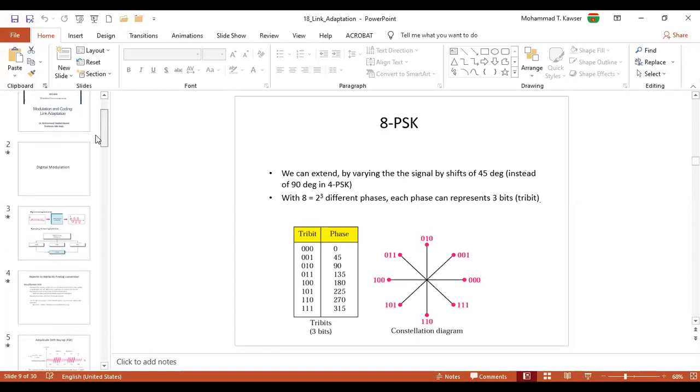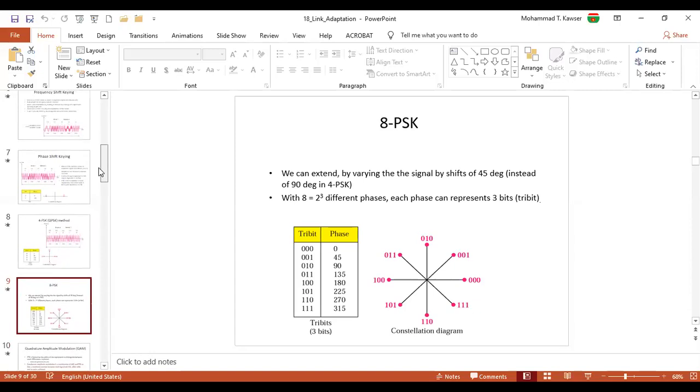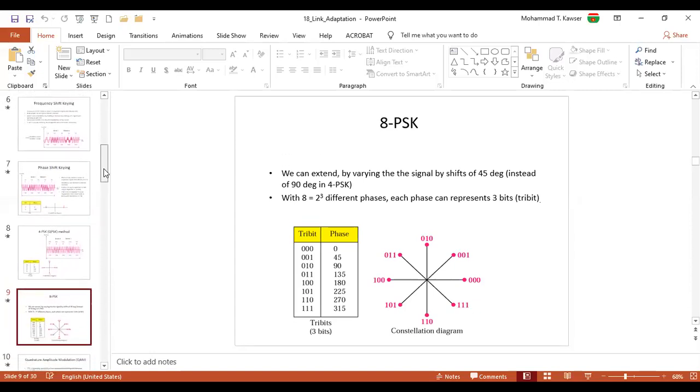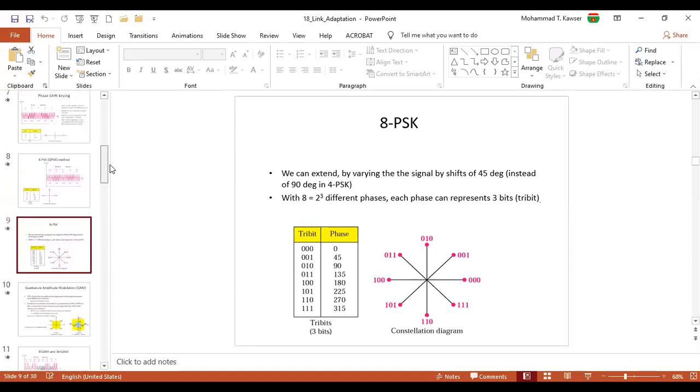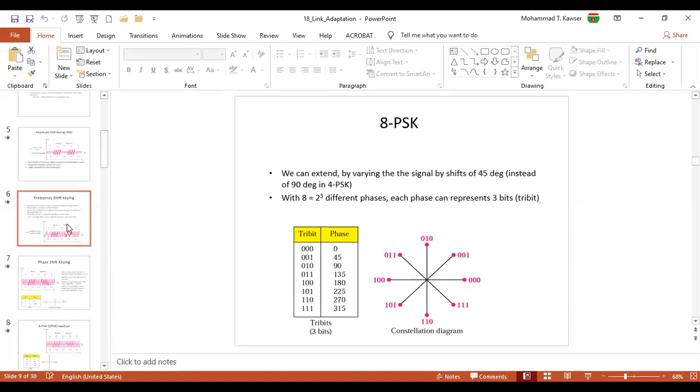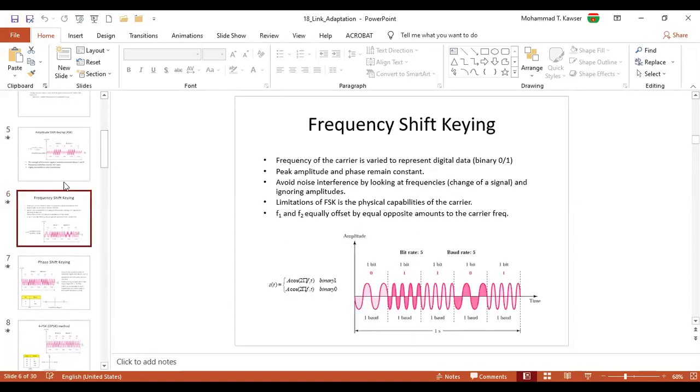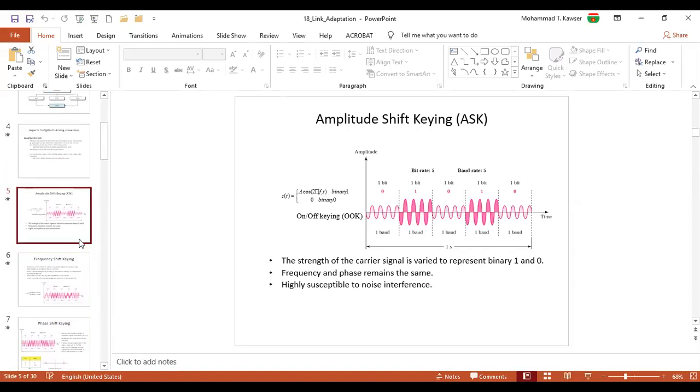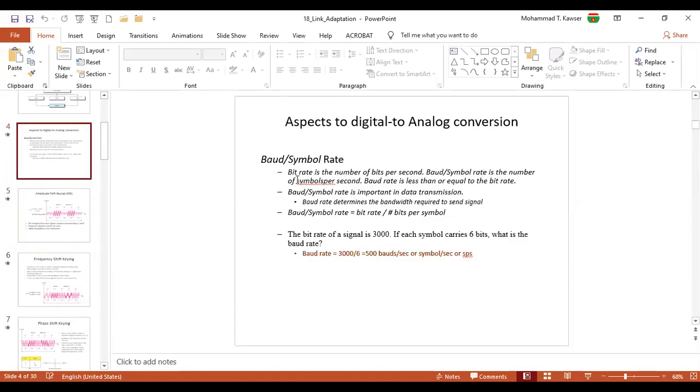So anyway, you know that a symbol, which is also called baud, symbol rate or baud rate, tells you... there's an example to convert the baud rate into bit rate, probably.